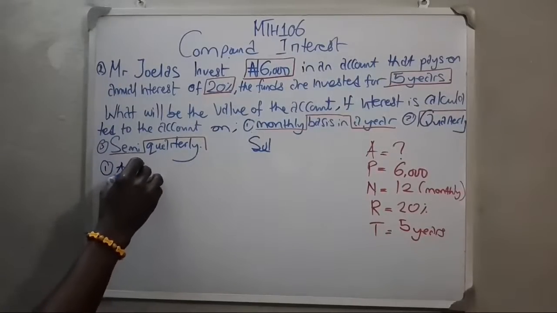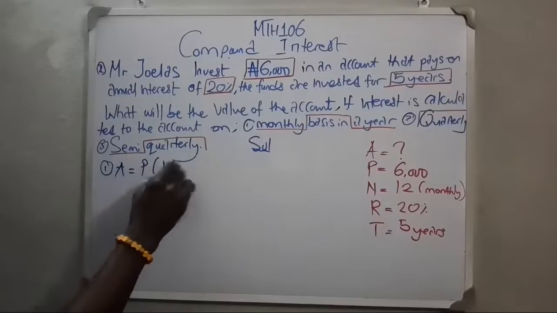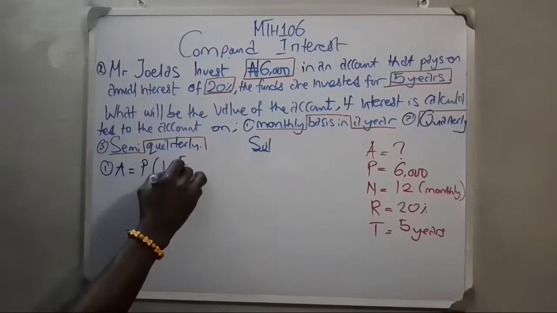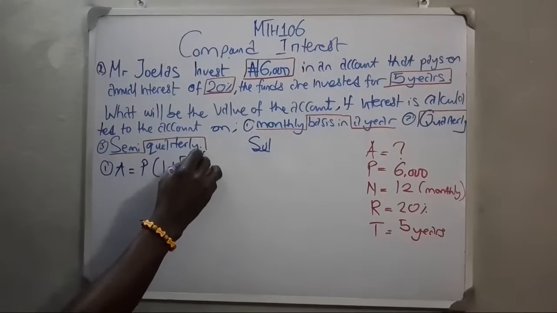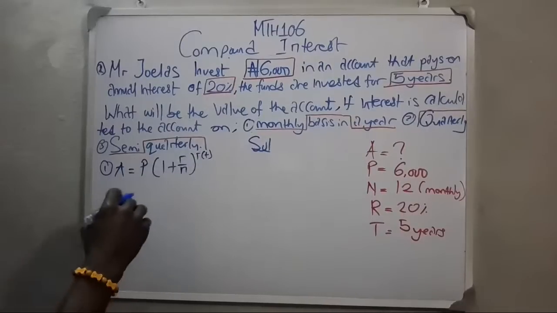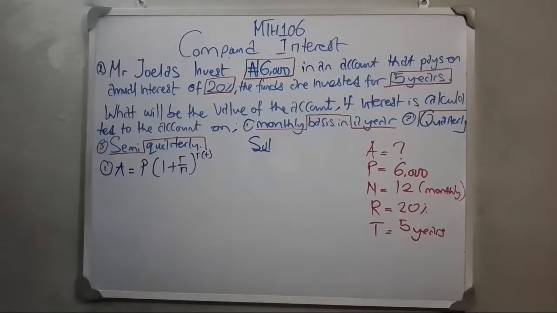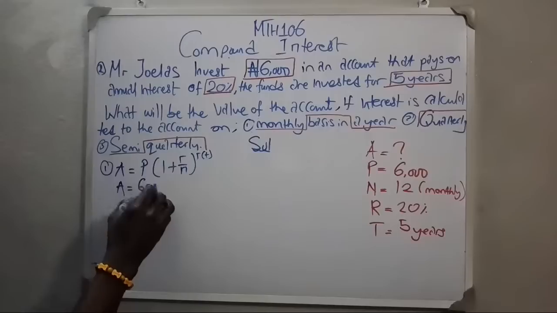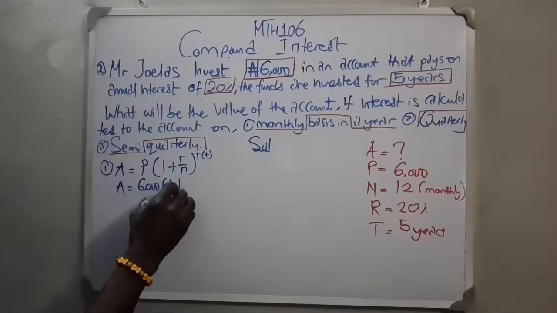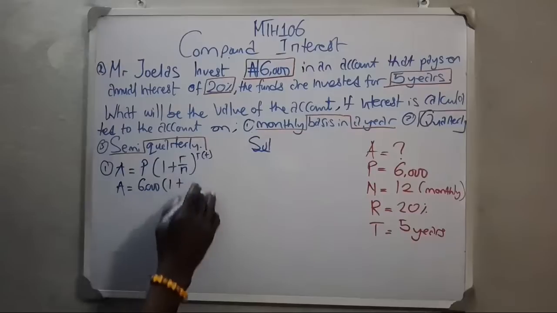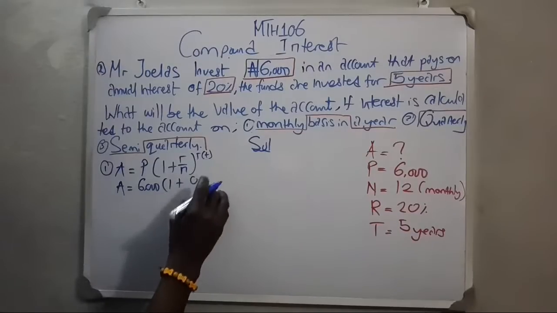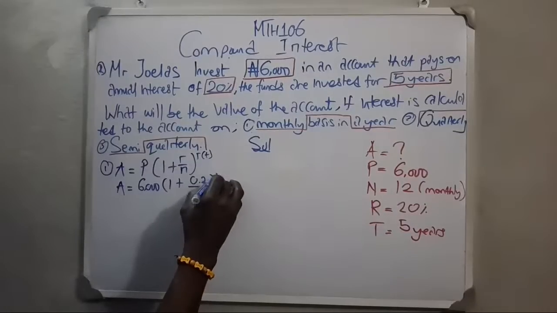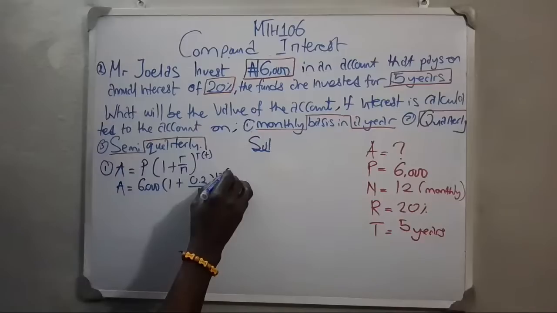We have our P, 1 plus R over N, in the bracket, to the power of N times T. So we have A equals P, 6,000 naira, 1 plus our R, that should be 0.2 all over 12, in brackets, to the power of 12 times 5.